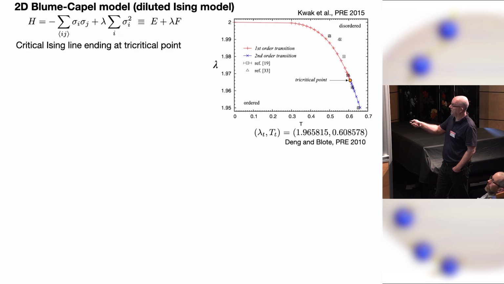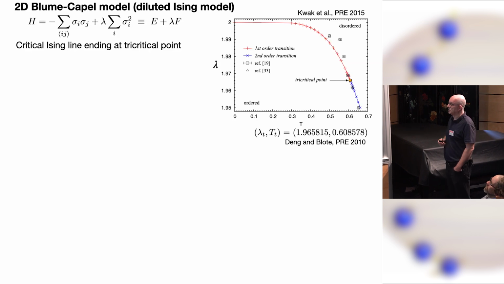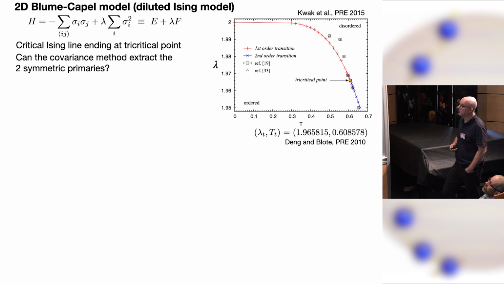Above that, the transition is first order, and then it's continuous below, and this is the regular Ising critical line, and it ends at that tricritical point. And the scaling dimensions, of course, are known from CFT. And from this paper, they determined the location of the tricritical point very accurately, so I just took that value.